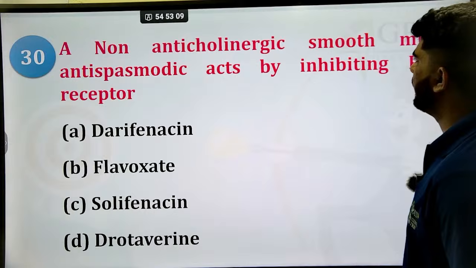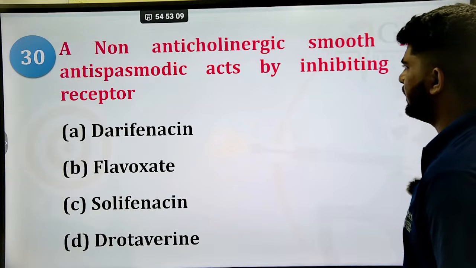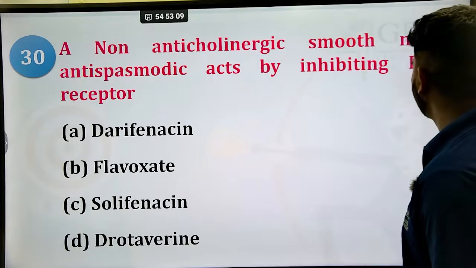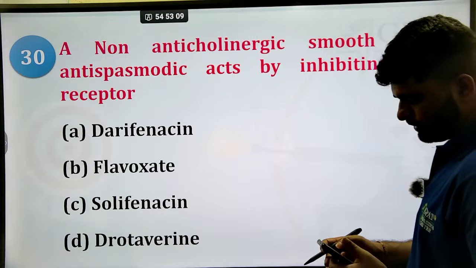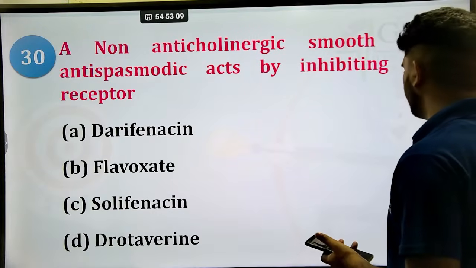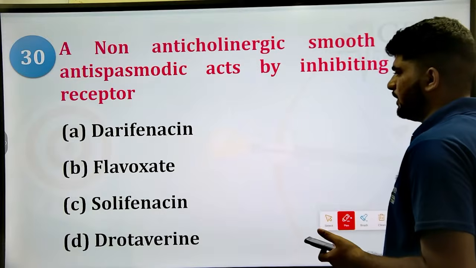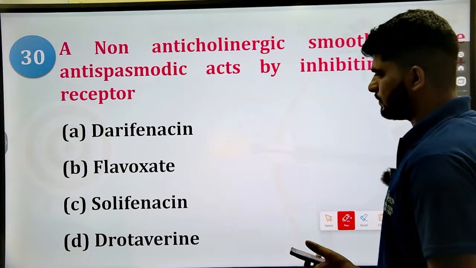A non-anticholinergic smooth muscle antispasmodic acts by inhibiting PDE4, phosphodiesterase 4 enzyme, not receptor. Darifenacin, flavoxate, solifenacin, or drotaverine.